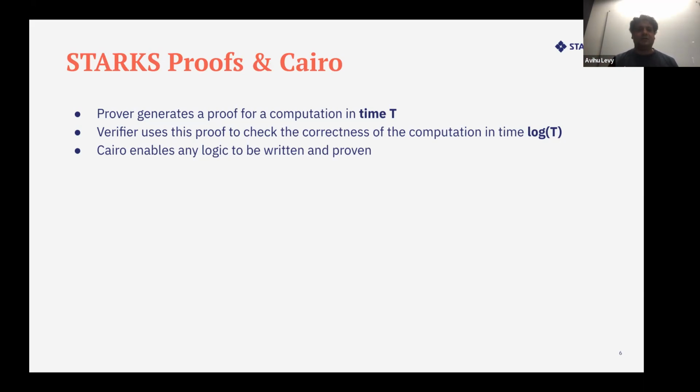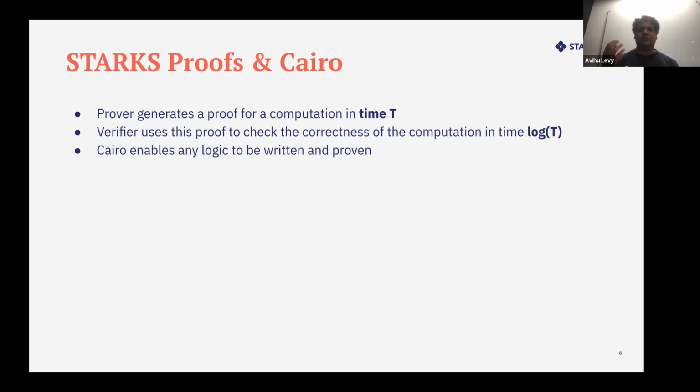And the verifier takes only logarithmic time in t to verify the correctness of the computation once it can check the proof. Cairo is a language that was developed by Shahar and others at Starkware that supports taking any logic, writing it in Cairo, and then it's straightforward to prove it.